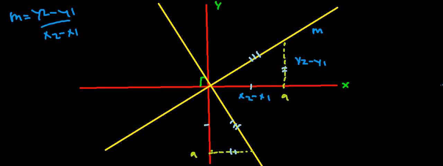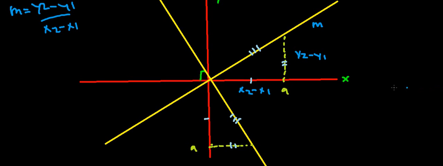But if you notice, this side is equal to this side, and this side is equal to this side. So this side is equal to, let me do it in a different color. So see, since we went down A units, this side is equal to this side. I hope everyone can see that.